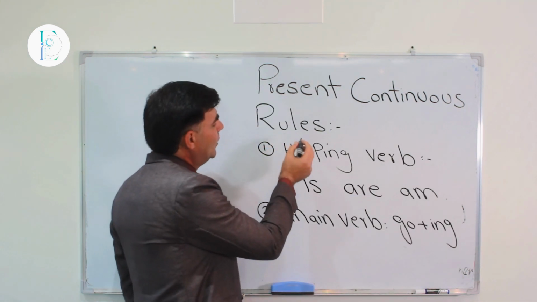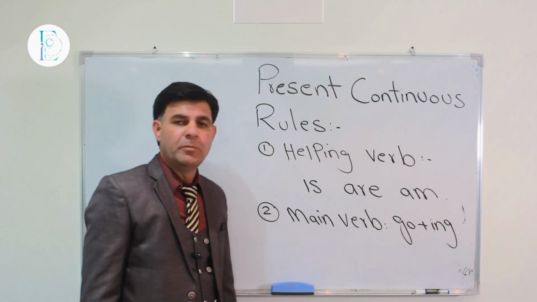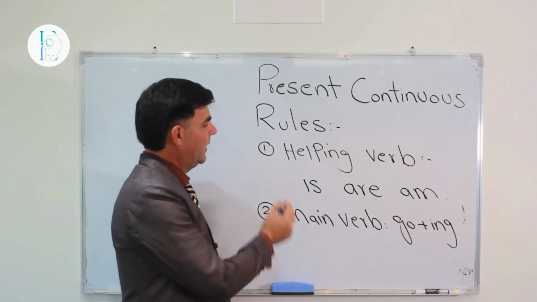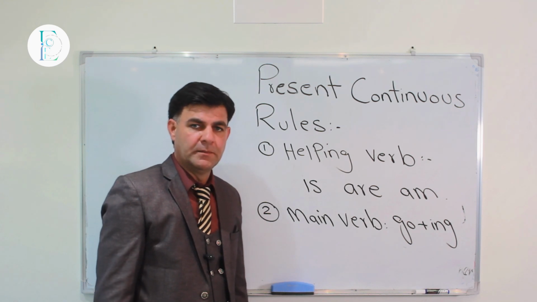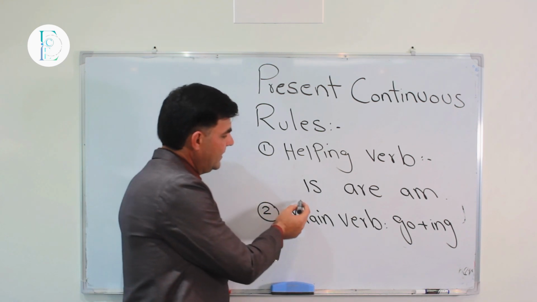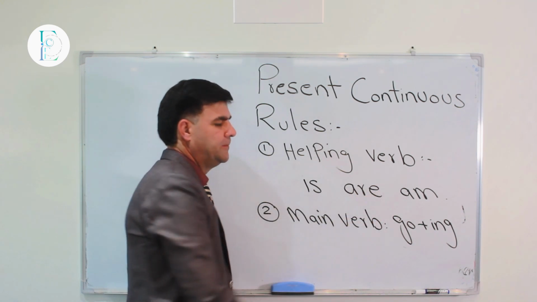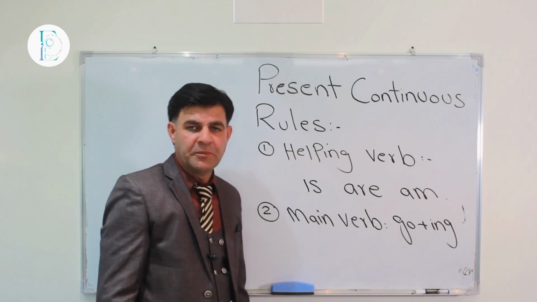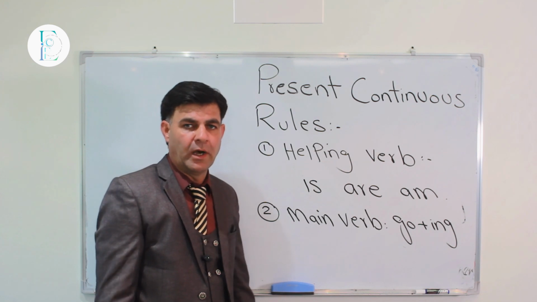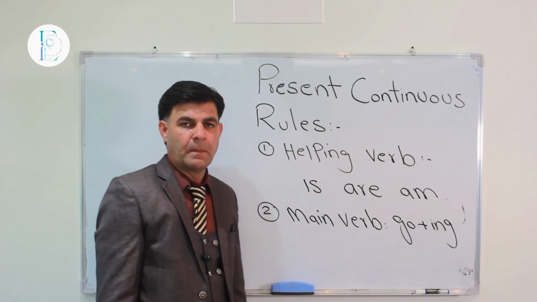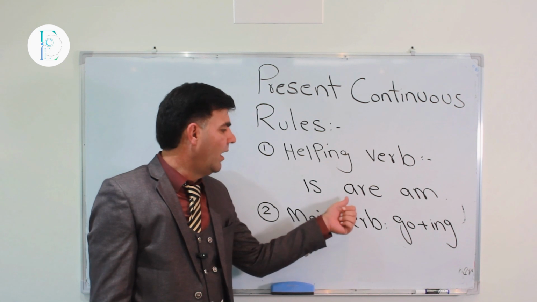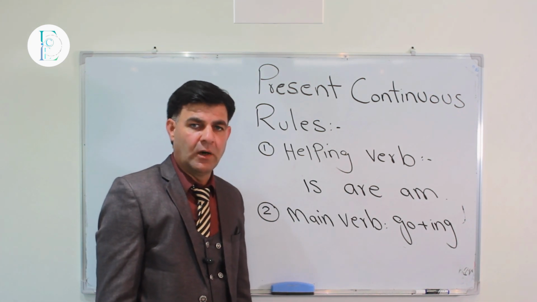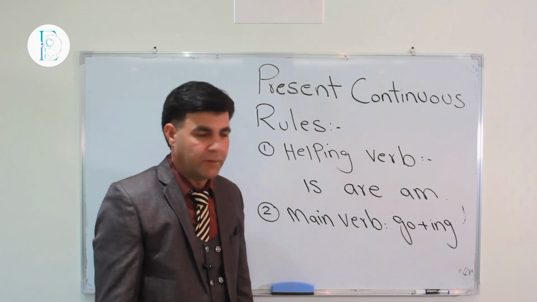There are some rules to make present continuous tense. The first one, helping verb: is, are, am. We use is with singular object, noun, pronoun. We use are with plural objects, noun, or pronoun.